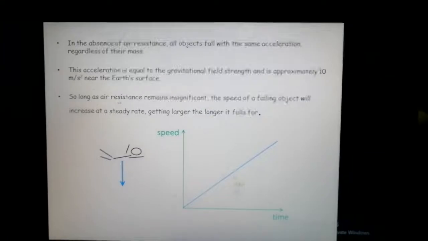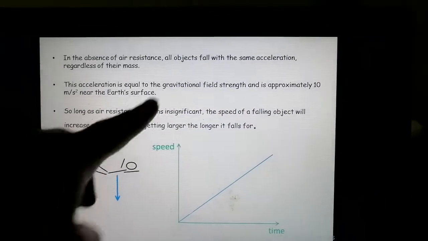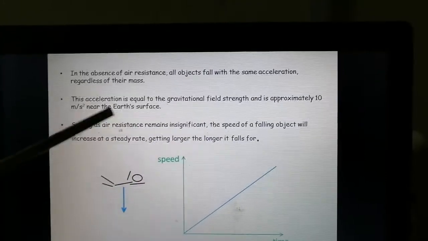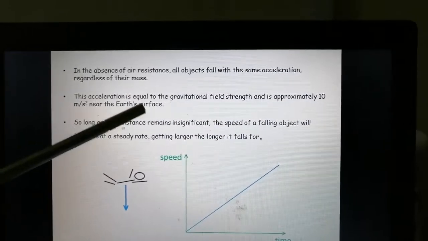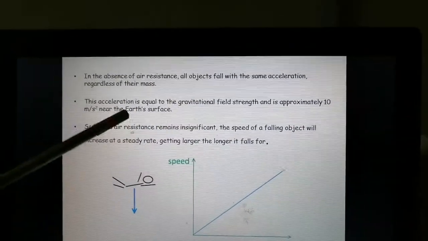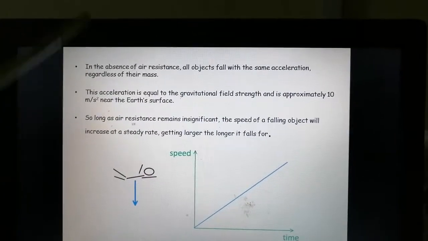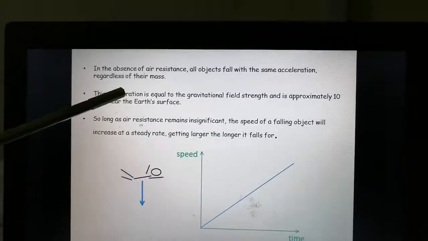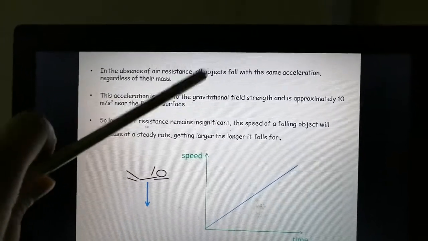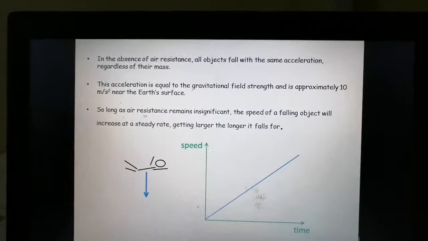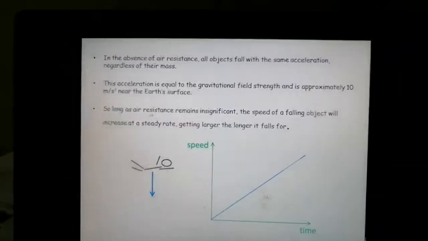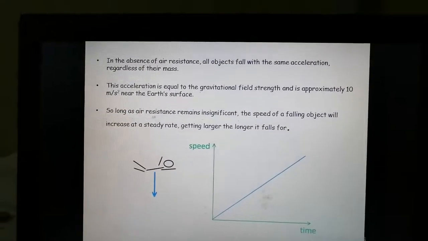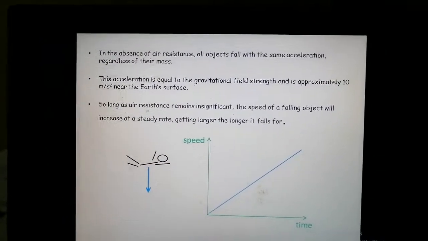This acceleration is equal to gravitational field strength and is approximately 10 meter per second square near the Earth's surface. When we ignore the air resistance, that is free fall, so acceleration a automatically becomes 10. So long as air resistance remains insignificant, the speed of a falling object will increase at a steady rate, getting larger the longer it falls for.